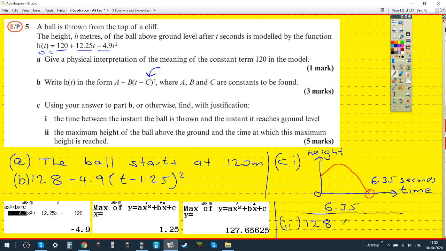Is that m? Yeah, so that's 128 meters. When the time is 1.25. Yes, 1.25. So 1.25 seconds after it's thrown, that's when it reaches its maximum height, its highest point.